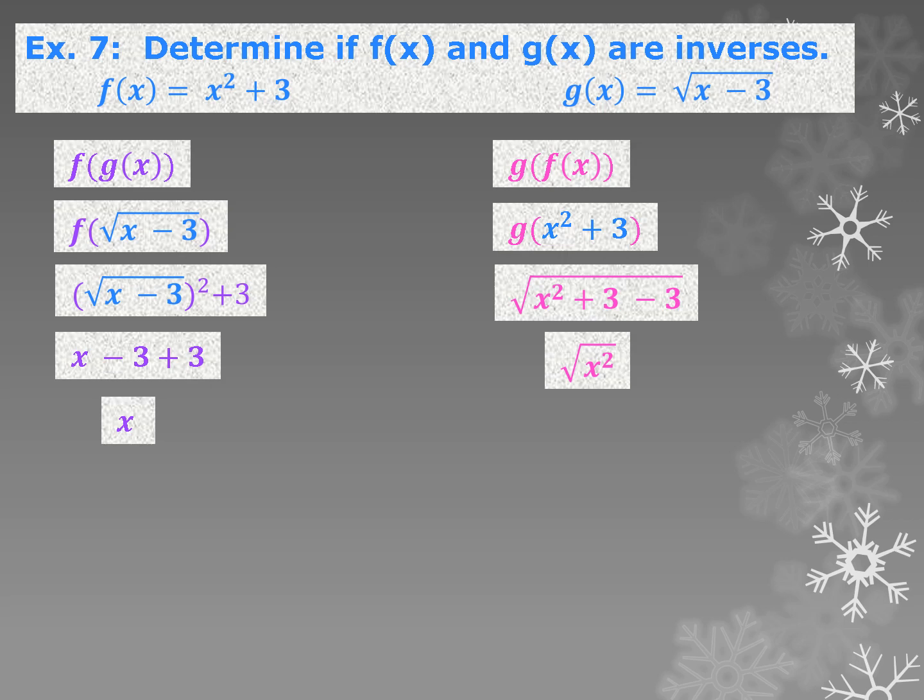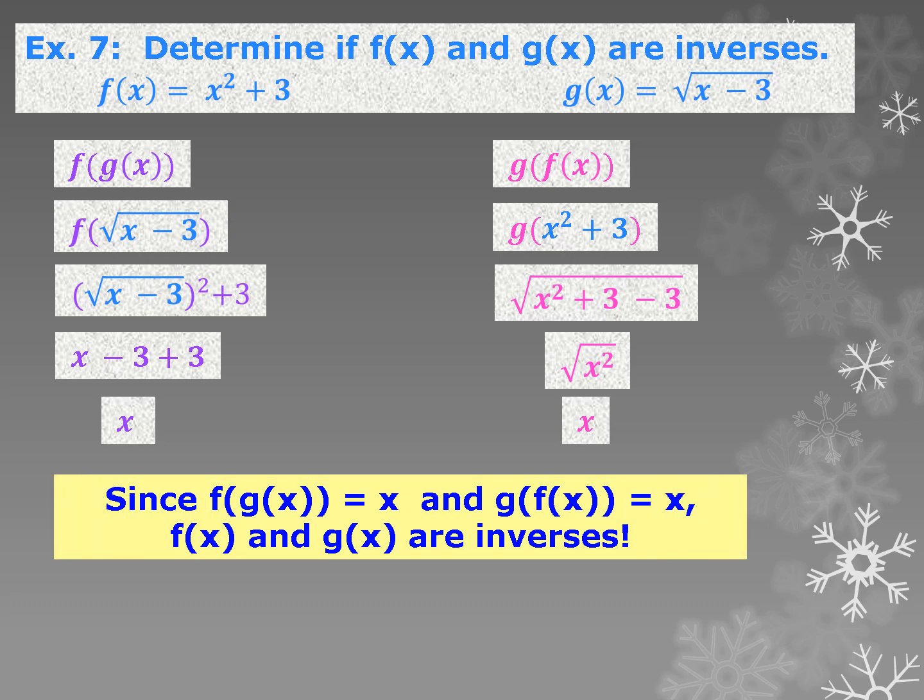The square root of x squared is x. So I see that they both equal x. The composition of both functions equals x. So since they do, that means that they are inverses. And these are the exact steps we expect to see when you test if they are inverses.